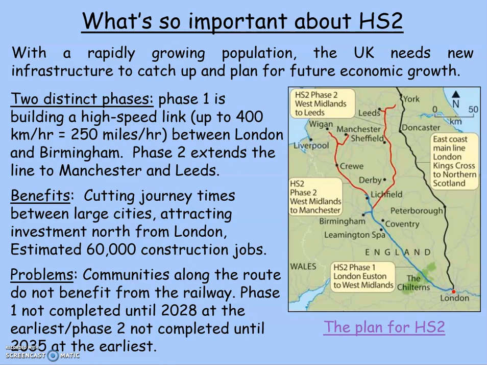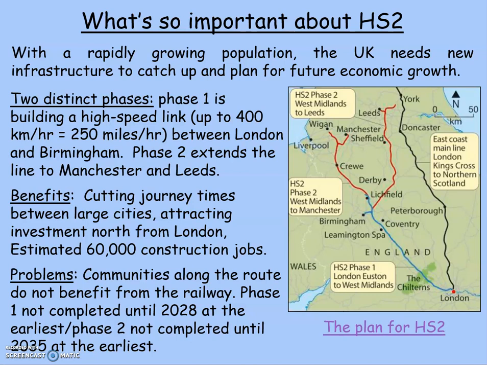There are also some issues. One of the main issues for people living along those lines, for example between London and Birmingham, is that large areas have no stations. Communities living along those routes are not benefiting from the railway at all. Between all these major towns there are not going to be any railway stations.